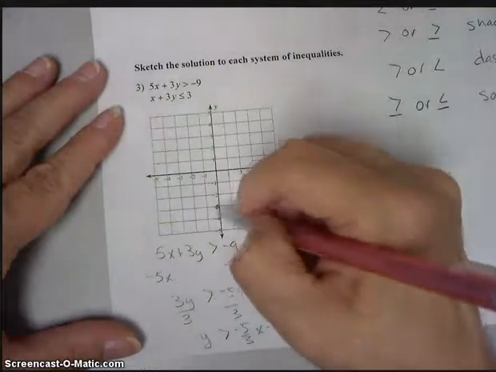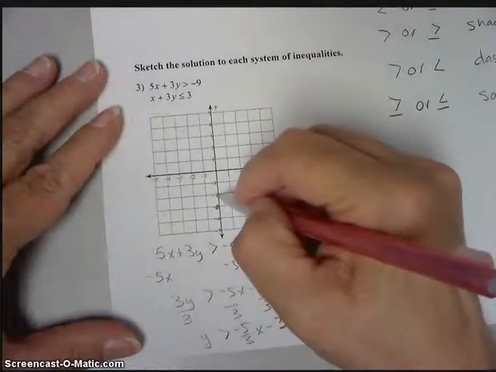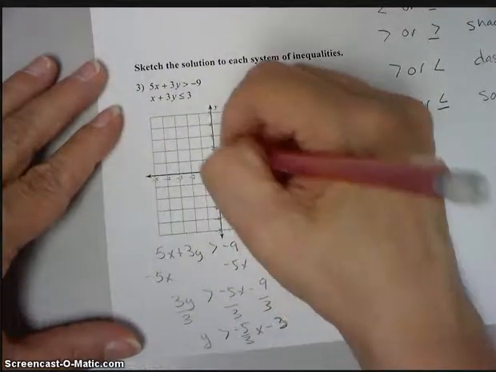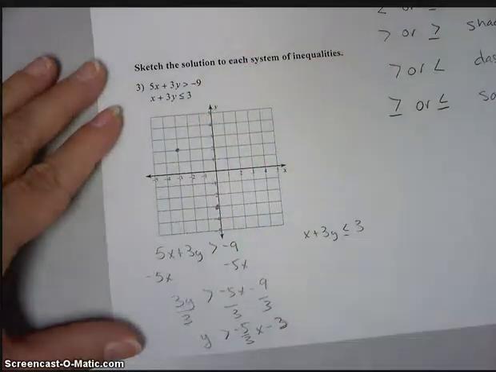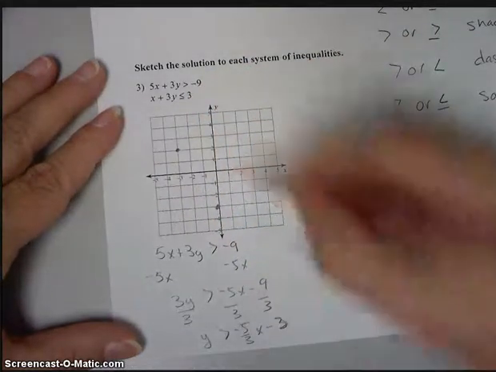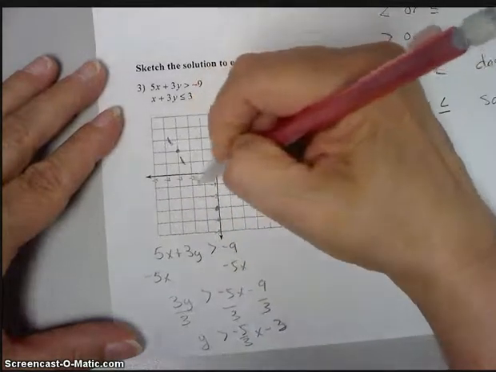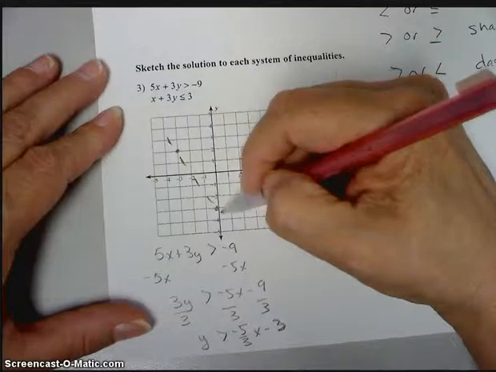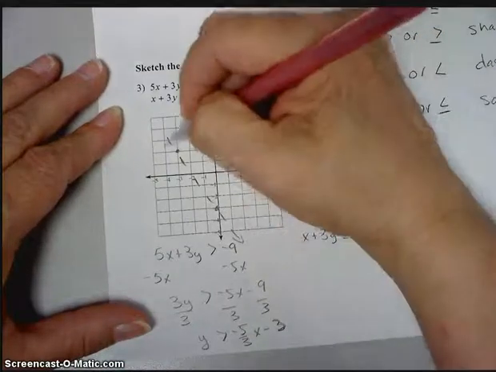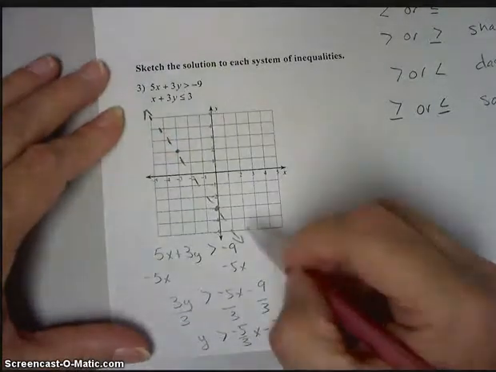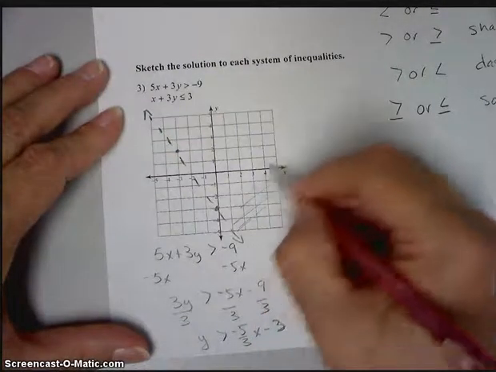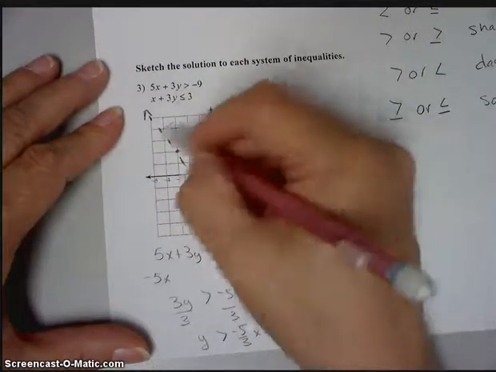My slope is negative 5 over 3, so I'm going to go up 5 and over 3. This one has no line under it, so I'm going to draw a dashed line through here, putting arrows on the end. It says greater than, so I'm going to shade above that line.